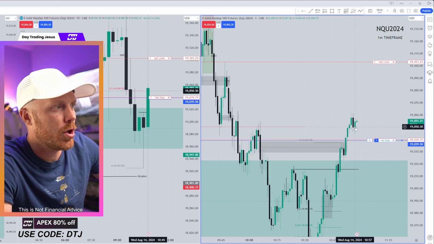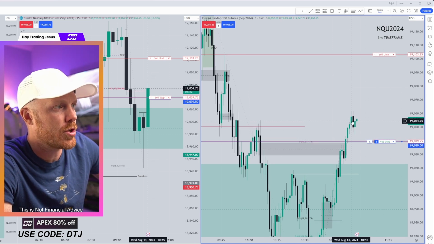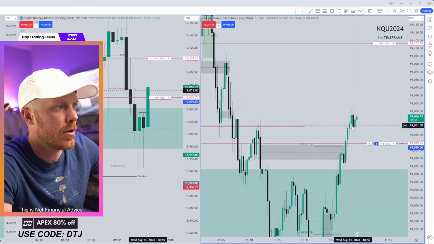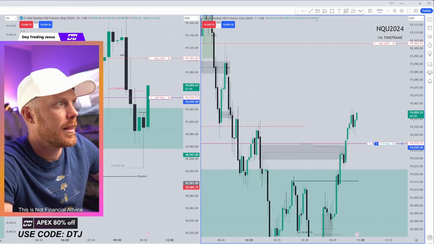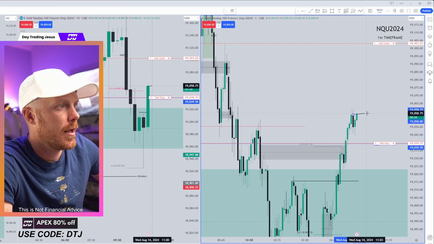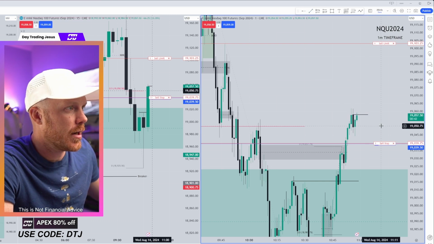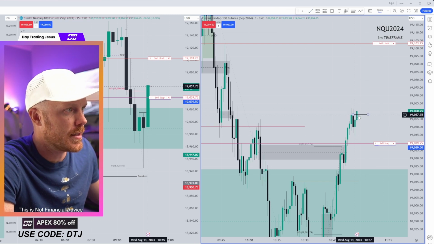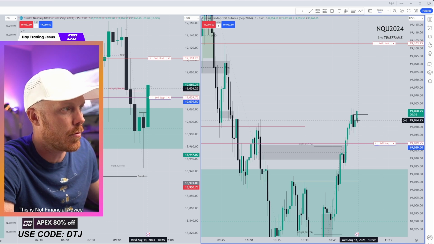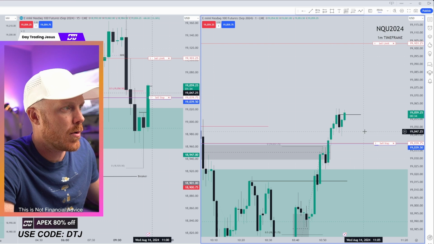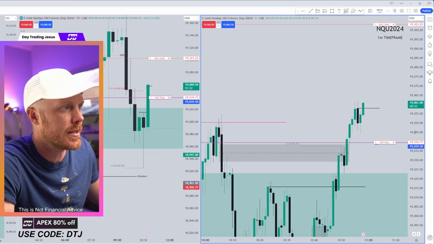So basically what I'm looking at is I'm hoping we turn this into an order block. A close above this down close candle right here will make this an order block. So what I'll do here is if we close above this in 40 seconds, I'll move my stop just below the mean threshold of this. This is how we work on managing our risk.